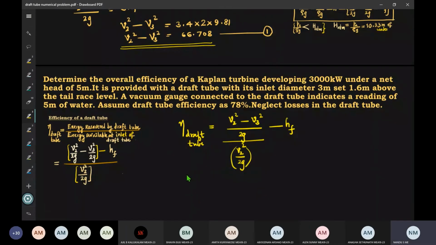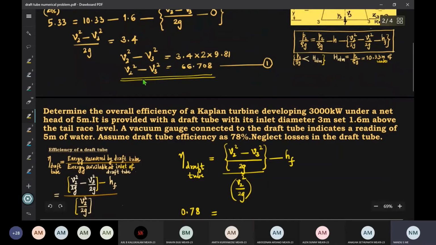Could you please substitute the values? Efficiency of the draft tube, what is that? 78%. So that is 0.78. And that is equal to, see this part, now you are in a position to calculate this. So now you are in a position to substitute the V2 square minus V3 square together. In fact, if you want, you can even substitute this expression collectively. See this V2 square minus V3 square by 2G. Collectively, you can substitute, that is 3.4.